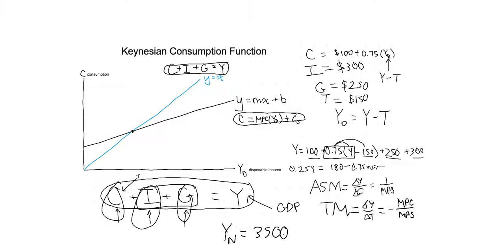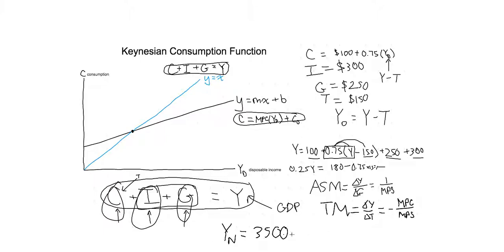And so it's negative because the more taxes you charge, it's going to be worse off for the economy. So it's kind of an inverse effect, right? But basically, yeah, you apply the same principles here.